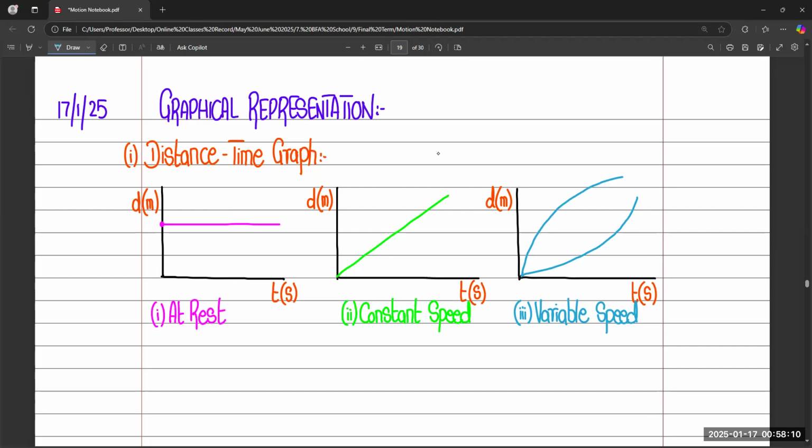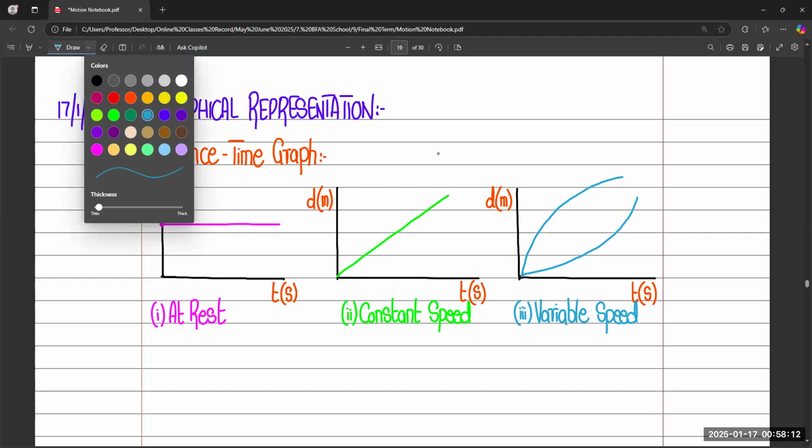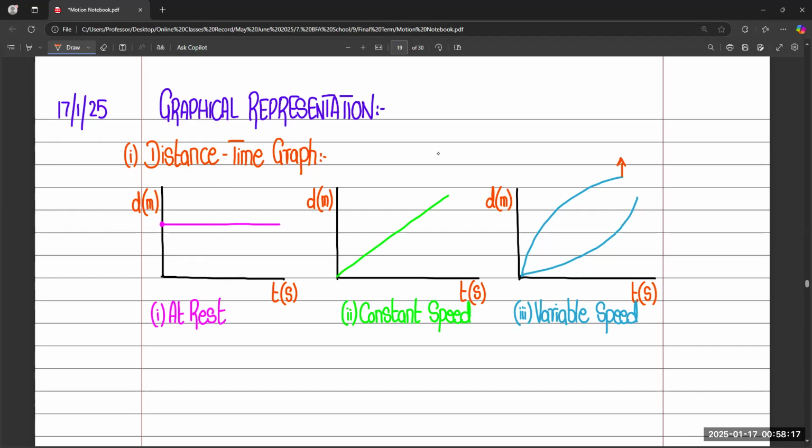And what is the difference between these two curves? If you consider this one, this curve represents decreasing, and this represents increasing.